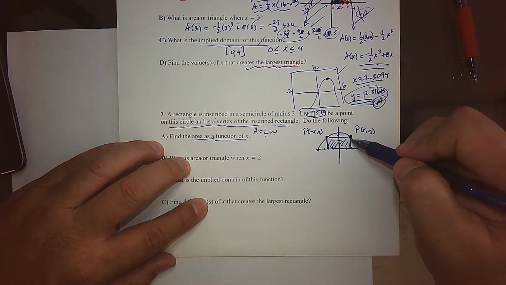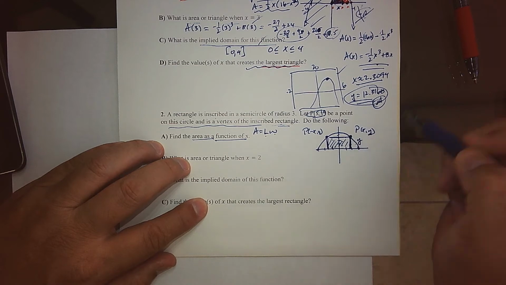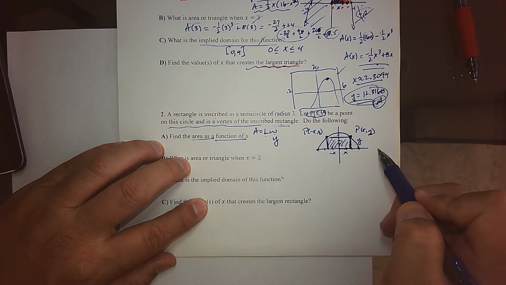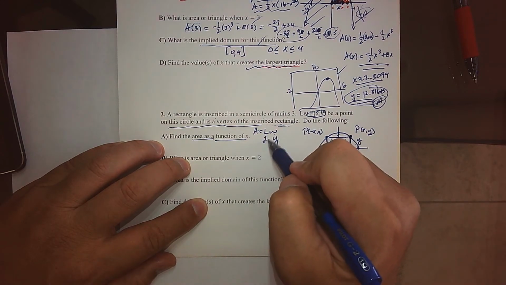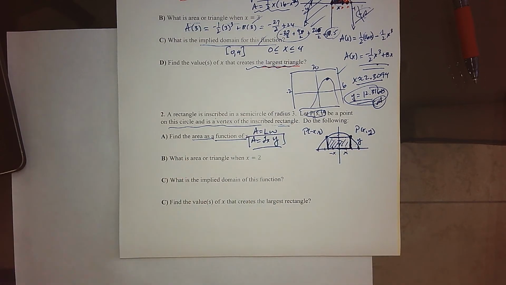Well, the width clearly is y, the y distance that we have. So we're going to call that y. When we look at the length, we go an x amount this way and a negative x amount that way. So the entire length is actually 2x. And so there is our area formula for this rectangle for the situation that's given.